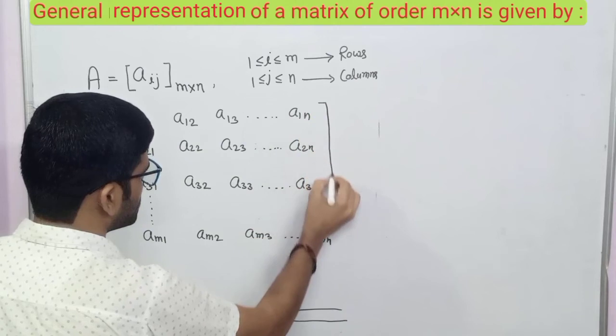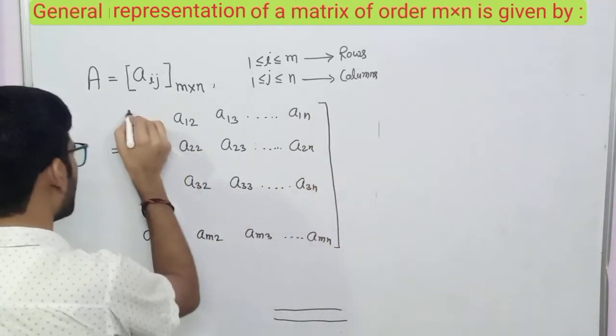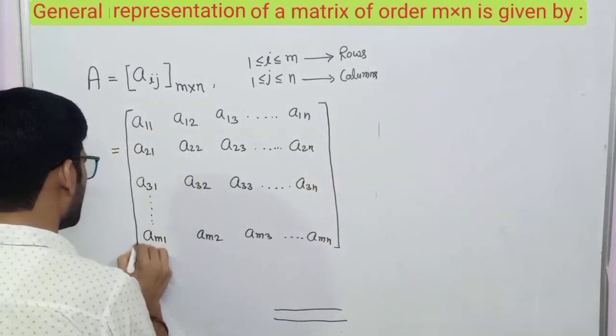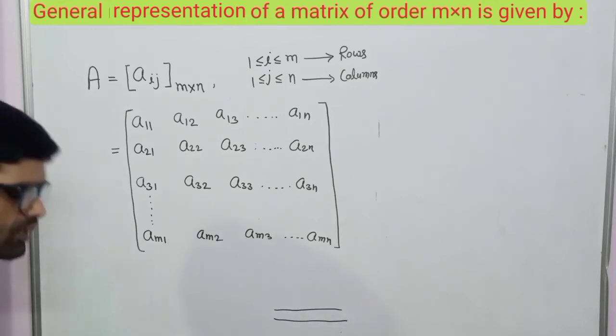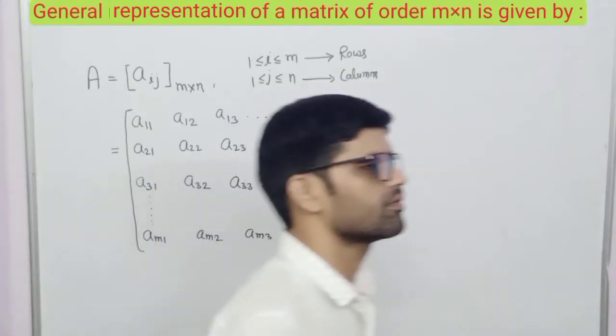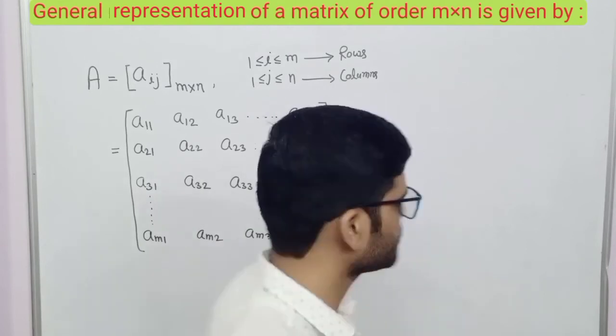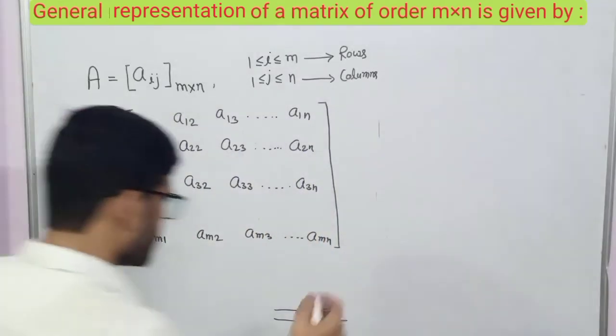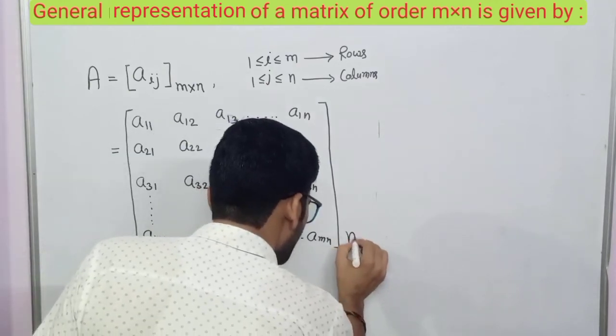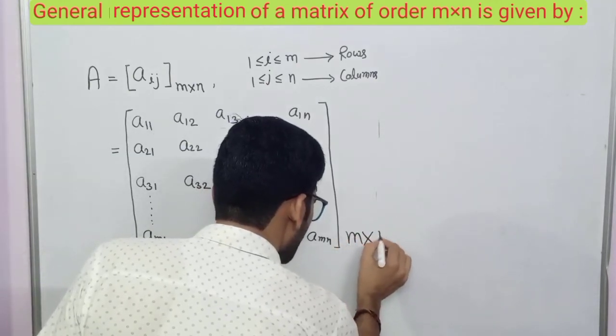This is the general form of a matrix when we use the value of i and j, in which the number of rows equals m and the number of columns equals n. This is the general form, and here we write m cross n.